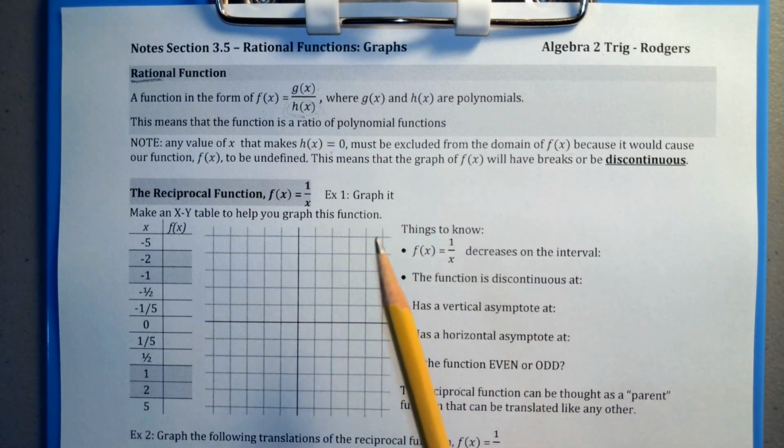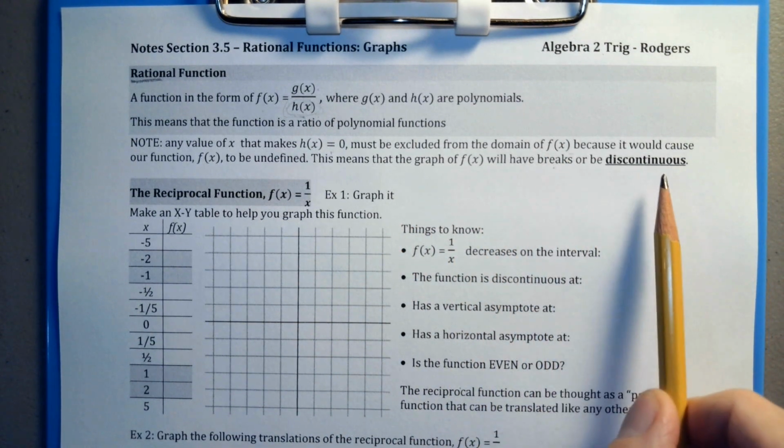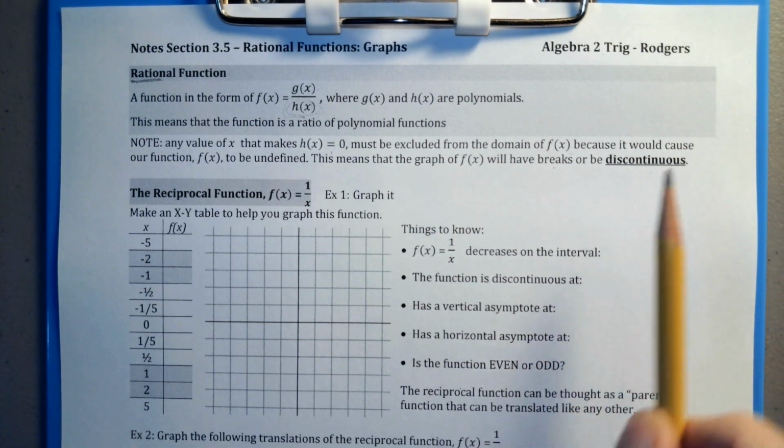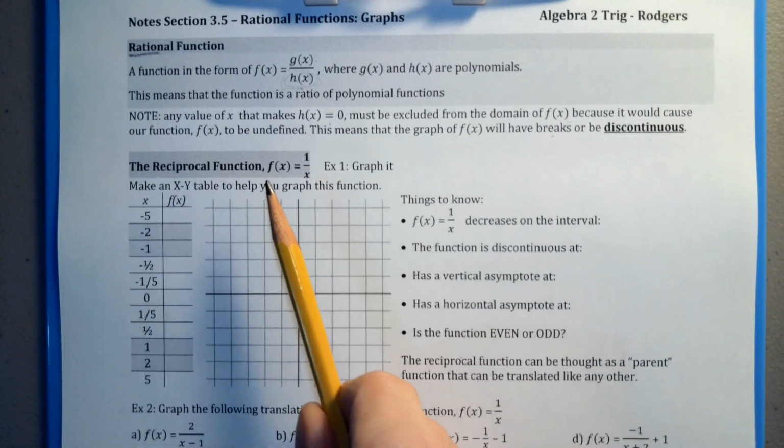And so at that particular x value, we're going to have some kind of break, or we will sometimes refer to it as a discontinuity, or the function itself will be discontinuous at that particular x value. So let's look at an example.